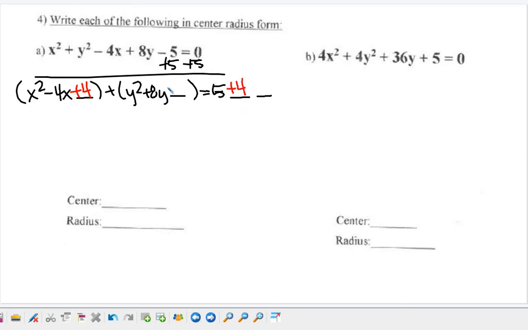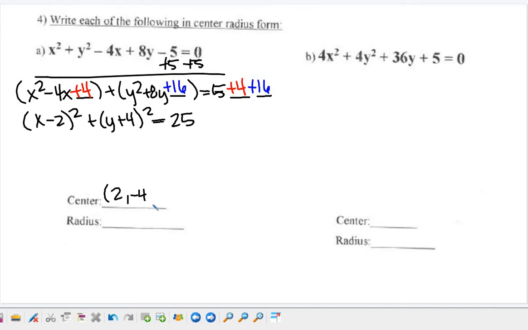And half of 8 is 4, and 4 squared is 16. So then we need to clean everything up. Write this as a perfect square: x minus 2 squared, y plus 4 squared, and 5 plus 4 is 9, plus 16 is 25. So my center is 2, -4, with a radius of 5. Remember, it's the square root of this number.